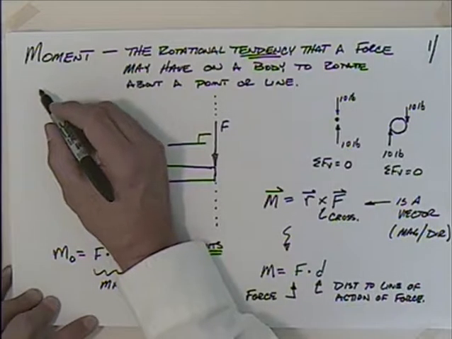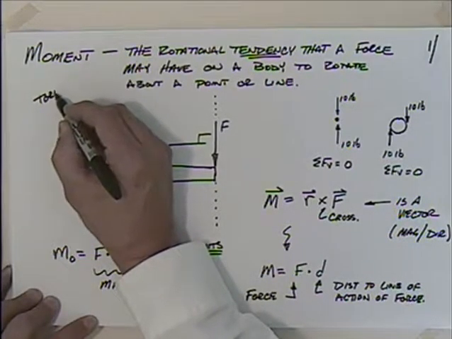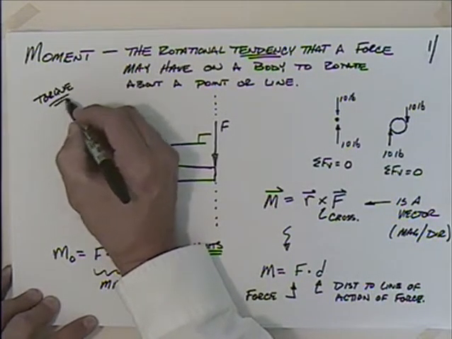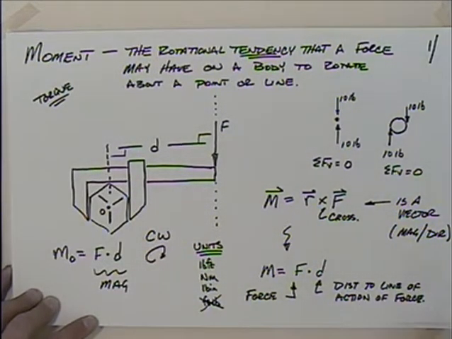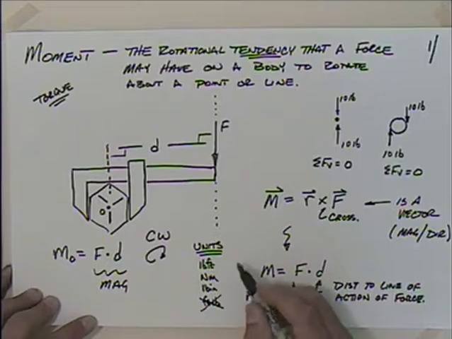Incidentally, we could use the term torque interchangeably here. We'll use almost exclusively the term moment. If someone talks about torque, that's the same thing. So if we're talking about moment and torque, we'll talk about pound feet. If we're talking about work, we'll talk about foot pounds. Now, in the end, I'll probably be pretty happy if you have the units at all.